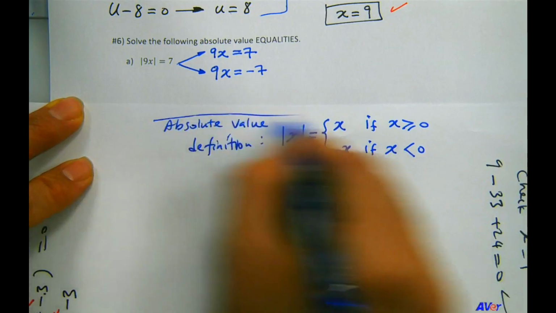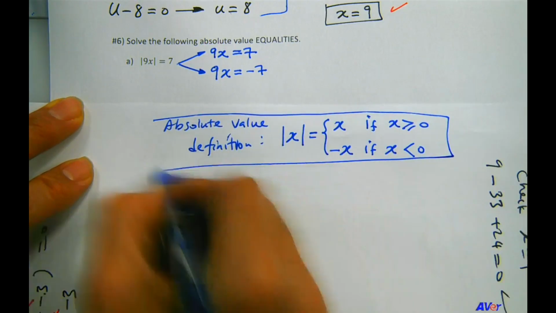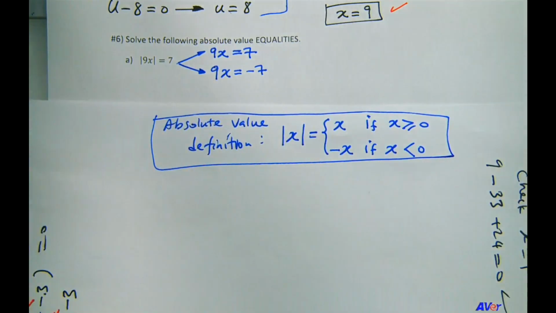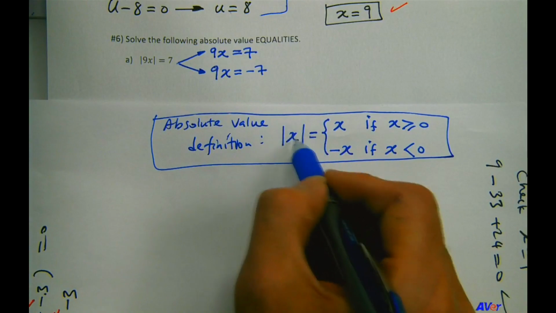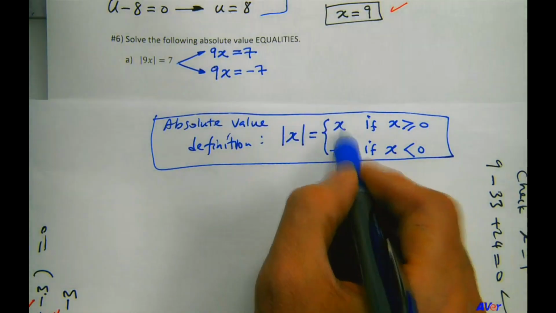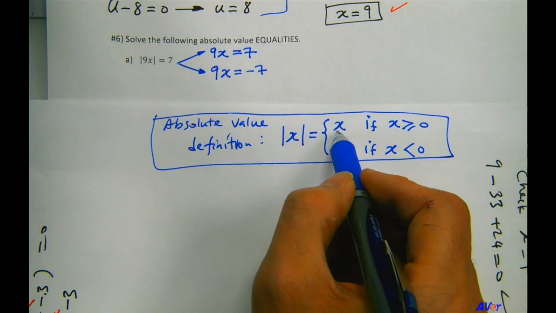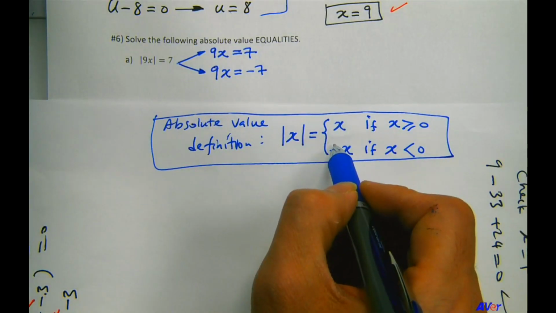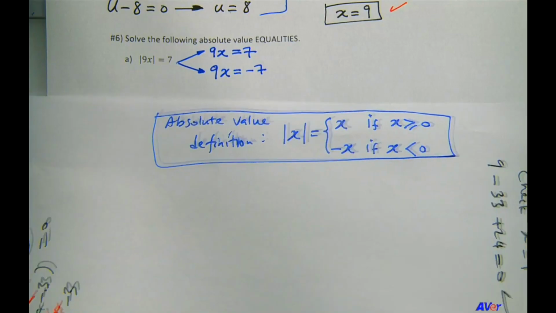This is a very, very useful definition of the absolute value. Please look at that, but this is what I'm referring to. If you want to remove the absolute value, you're going to end up with two situations, and you have to solve for x in each situation.